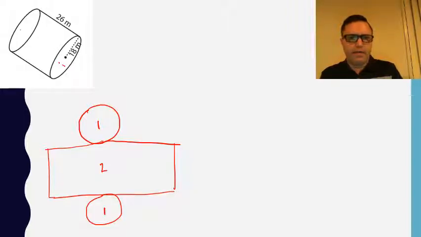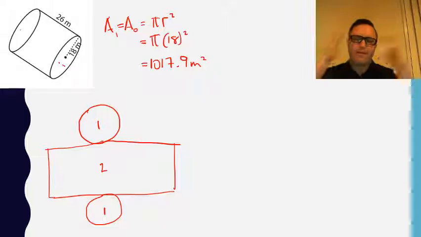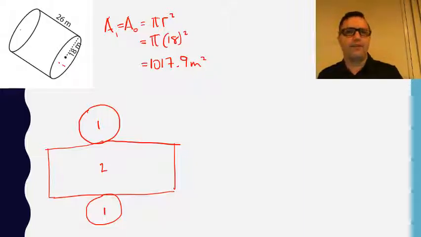Area 1 will be equal to the area of a circle, which is pi r squared, which is pi times 18 squared, which is 1017.9 meters squared. I've worked these out already. I'm not just cranking out pi calculations off the top of my head, in case you thought that was going on.